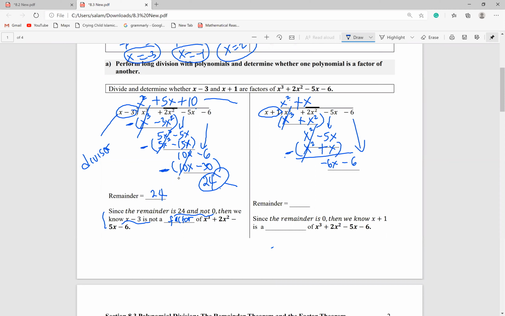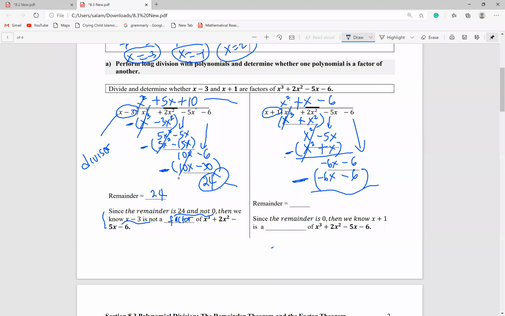So I'm going to do the procedure again. Negative 6x divided by x, that will give us negative 6. Now I have to use this negative 6 to multiply everything I have here. So negative 6 times x, this will be negative 6x. Negative 6 times 1, this will be negative 6. Okay, so the next is for you to subtract. Even from here, you should be able to see that that should be 0.